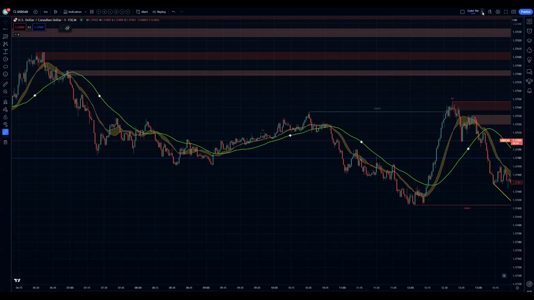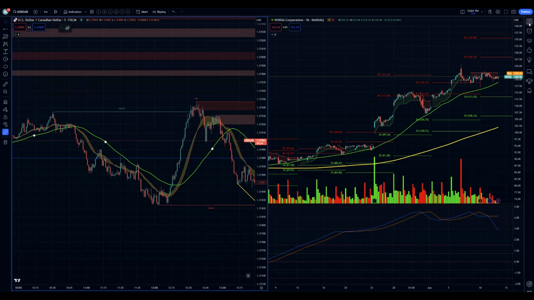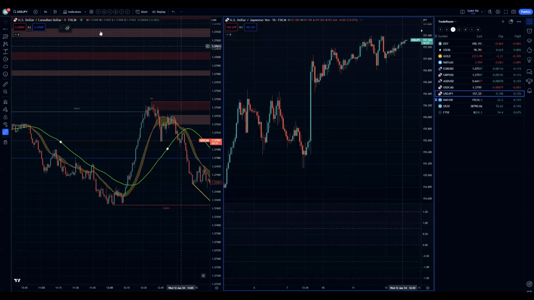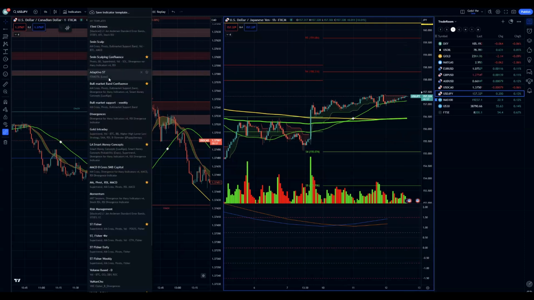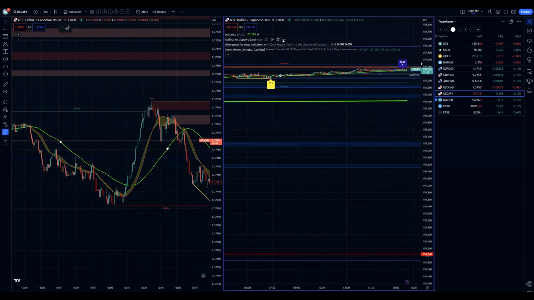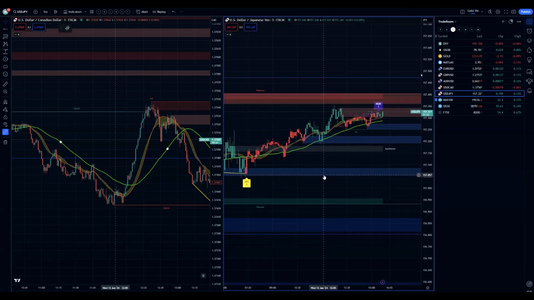You can split your screens as well. Let's say you're looking at two things, you can split between USD CAD and USD JPY, and then load your confluence strategy and look for trades that way. USD JPY is still really volatile.